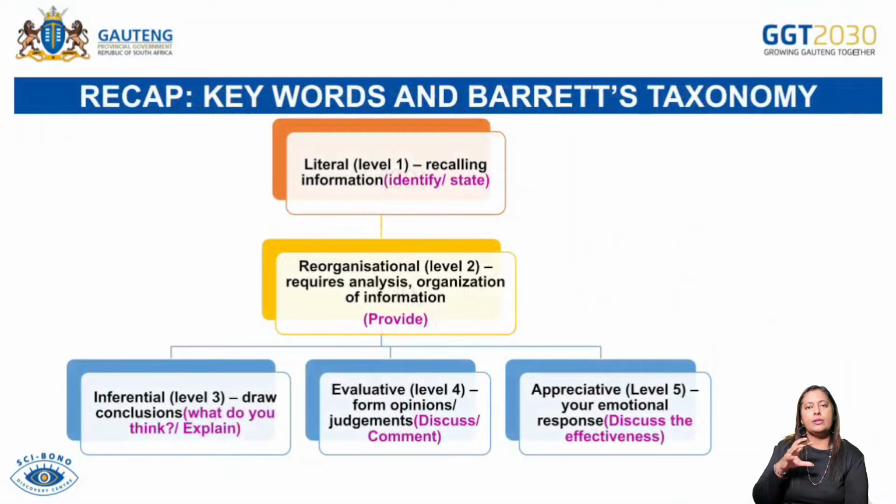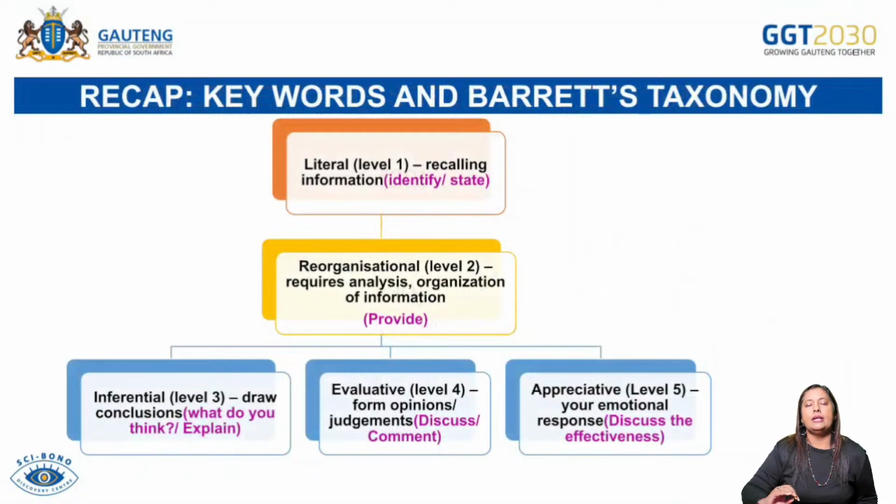Then we go to the next level, the evaluative, and then the last one, the appreciative. On level 4, which is your evaluation skills, you've read the text and drawn the conclusion, and now we want you to tell us why you had that particular conclusion. Give us a discussion as to how you got to that viewpoint, and make us understand why you hold it.